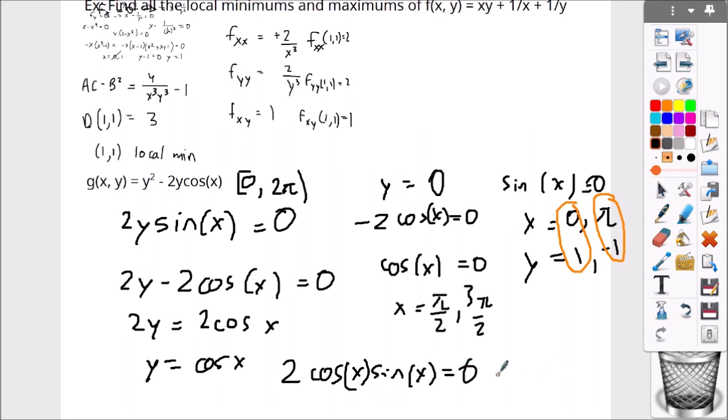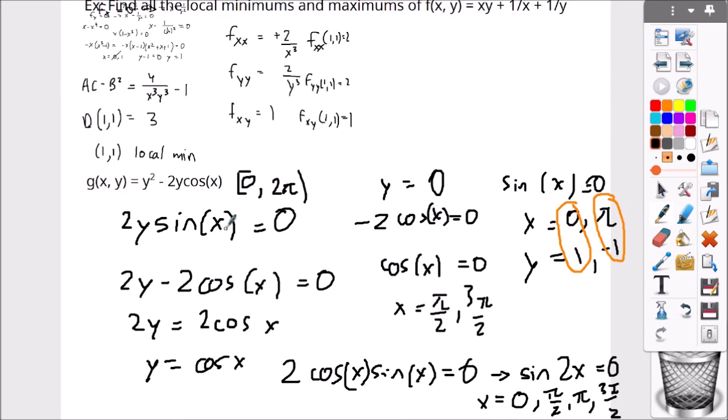And if you know your identities, that means sine of 2x is equal to 0. So x is 0, pi over 2, pi, 3 pi over 2. You can get all 4 answers just by doing that, then plug it back in and find your answers accordingly.